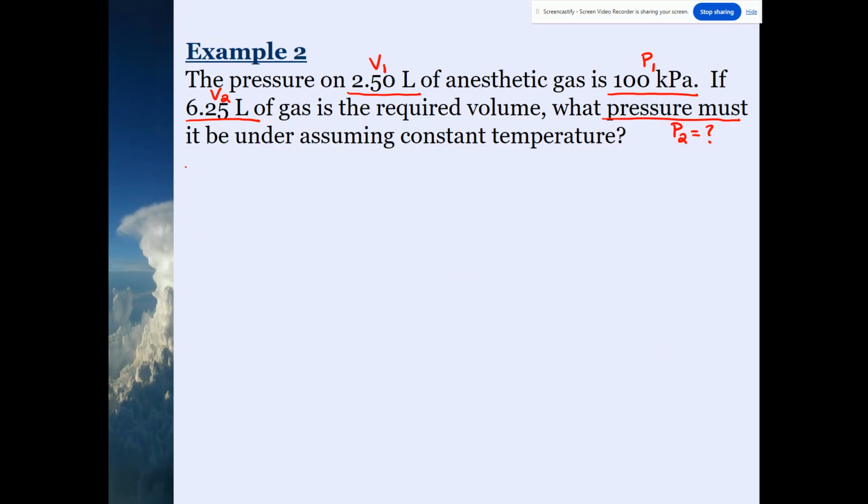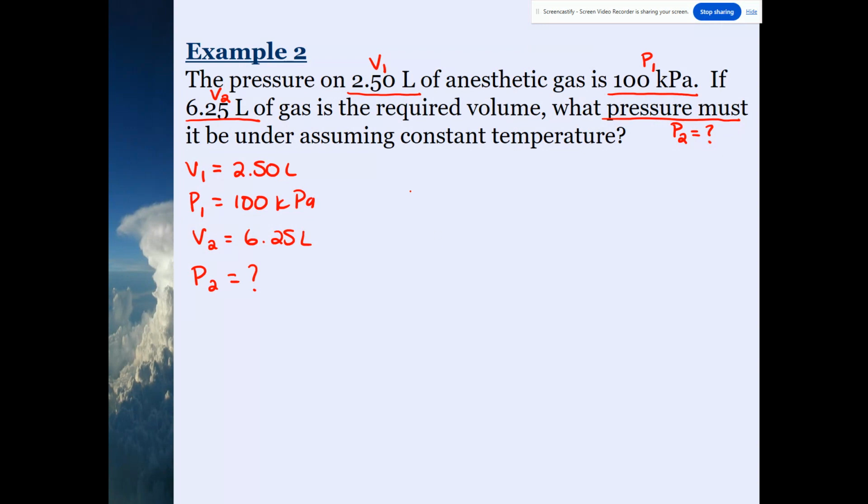Okay. So my V1 is 2.50 liters. My P1 is 100 kilopascals. V2 is 6.25 liters. And P2 is what we're solving for.